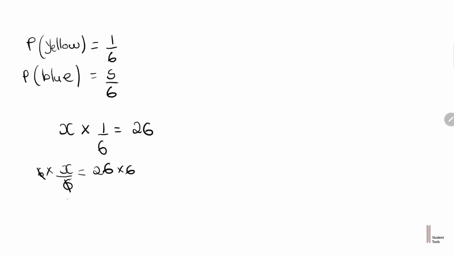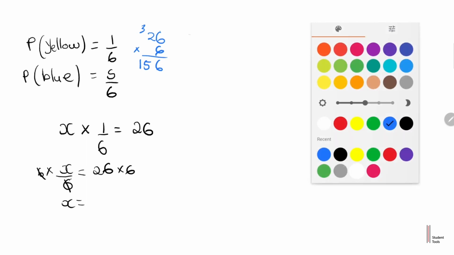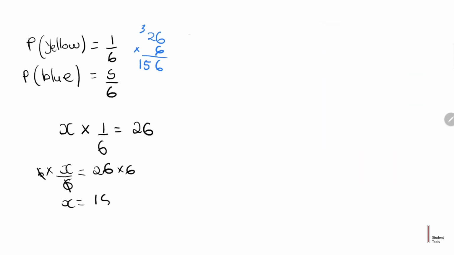So this will cancel this such that x will be equal to 26 multiplied by 6. 6 multiplied by 6, that is 36. We carry the 3, 6 multiplied by 2, that is 12, plus 3, that is 15. So x is equal to 156. So 156 is the total amount of marbles in the bag.